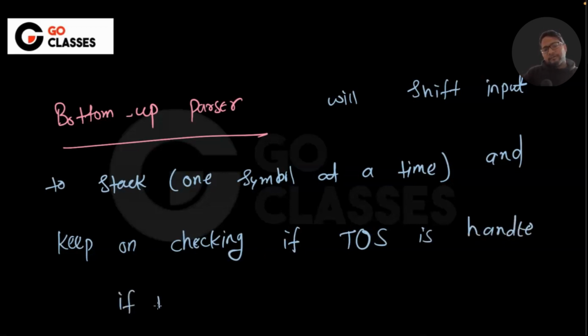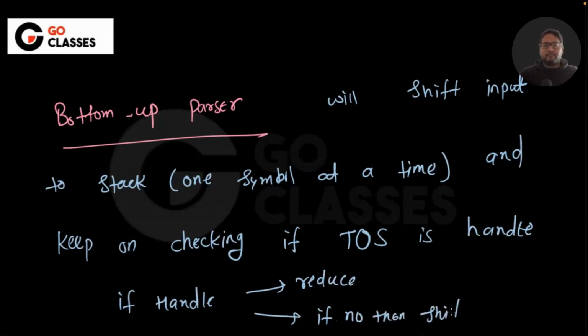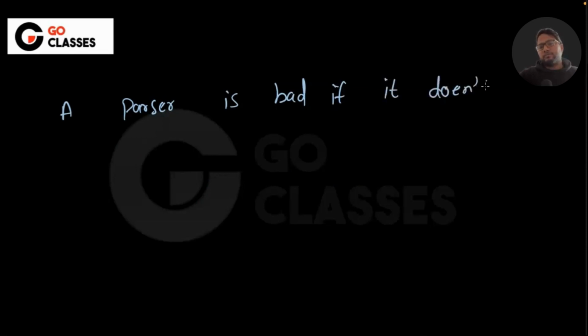If it is a handle, then what to do? Reduce. If not a handle, then shift. Okay. What can a bad parser do? A parser is bad if it doesn't know whether the top of the stack is a handle or not, right?